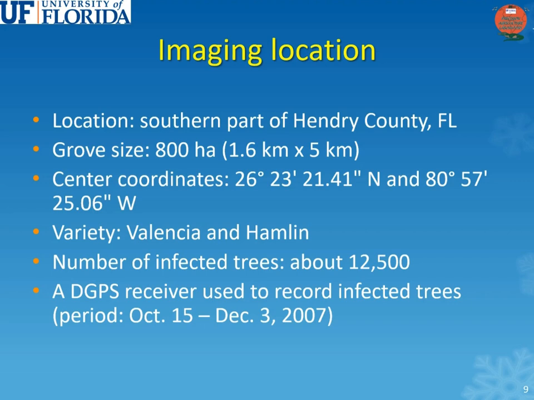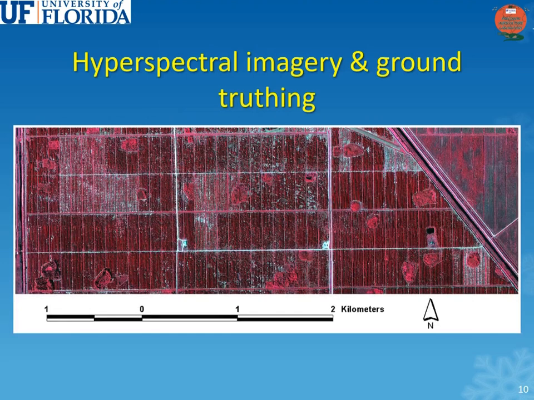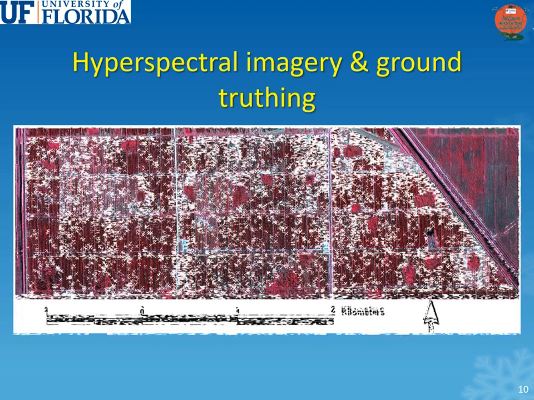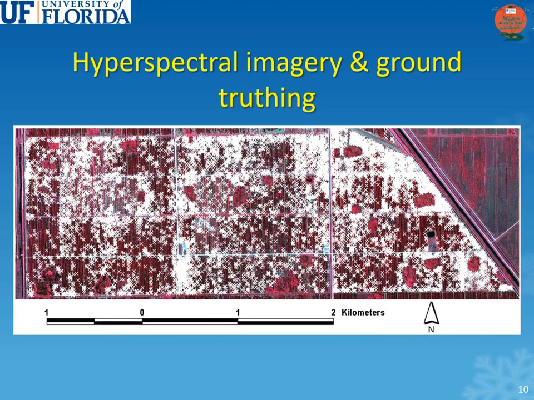Here's an example aerial image of the citrus grove, and these X marks are the locations of infected trees. At the time we counted about 12,500, about 10% of the total trees, and we thought that was very high. But now we are talking about 95% infection, so 10% is extremely low.